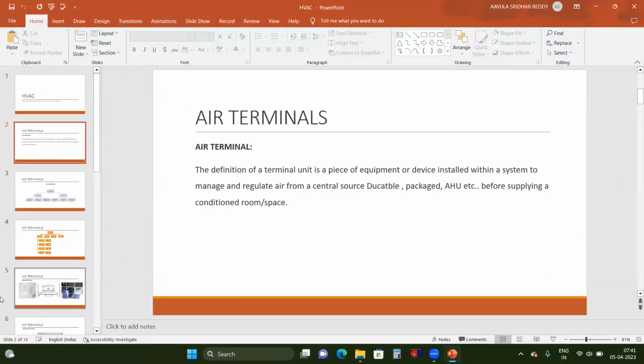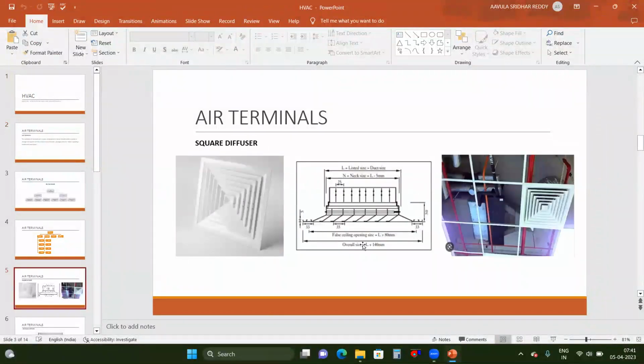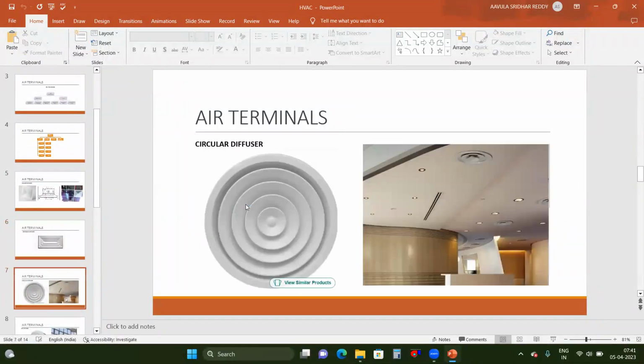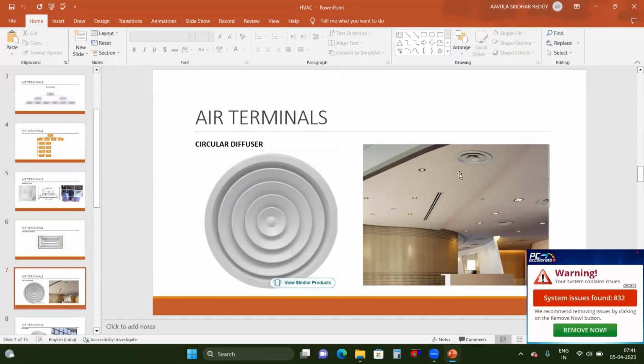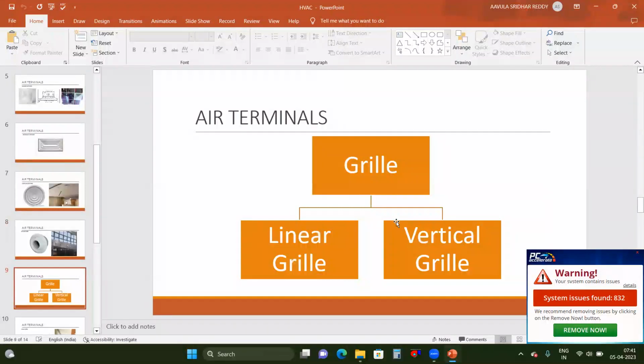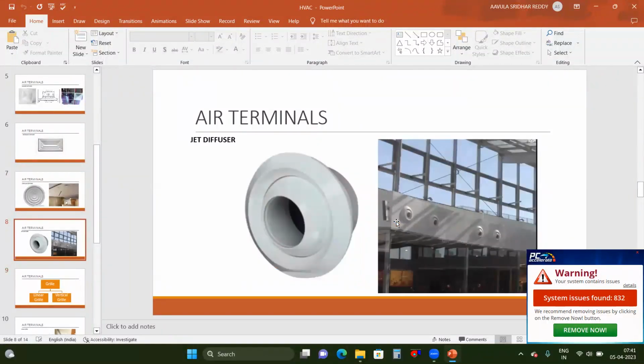You might have seen these kinds of images when you went to office spaces or shopping malls. So this is a diffuser, and this is a false ceiling. You can see the images. All these we call air terminals. So what does the air terminal do?